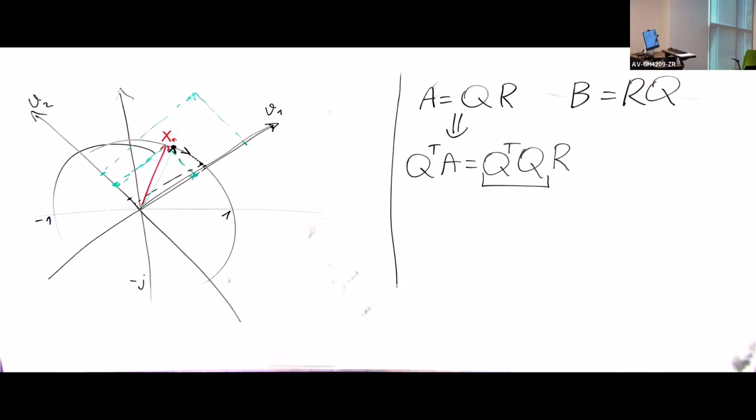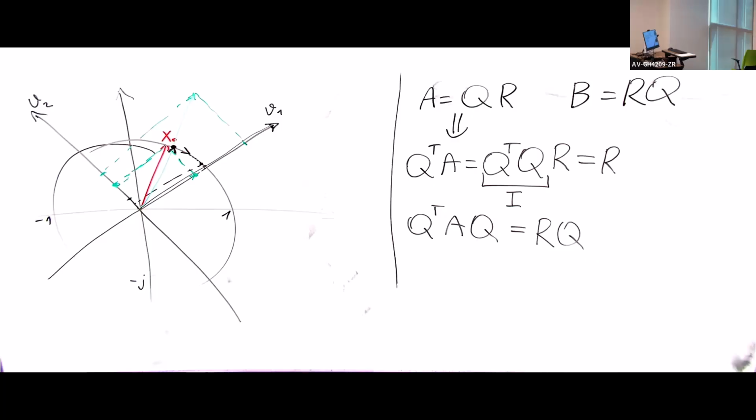It's I, because this is an orthogonal matrix, so this is I, and this is I. Okay. Now, what is Q transpose A Q? It's RQ, right?